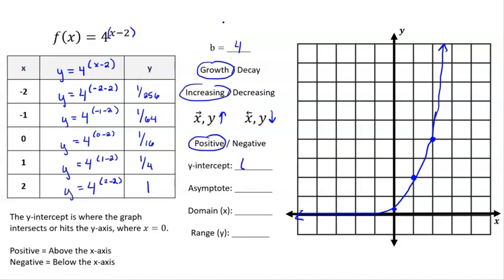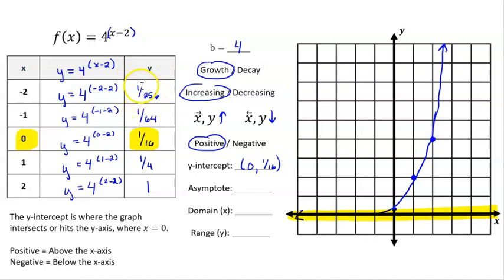Our y-intercept in this case is 1 over 16, and so we have 1 over 16 here, and then our asymptote is going to be at our x-axis, and notice that this number here is really, really little, so there's just no way that I would be able to draw that accurately.